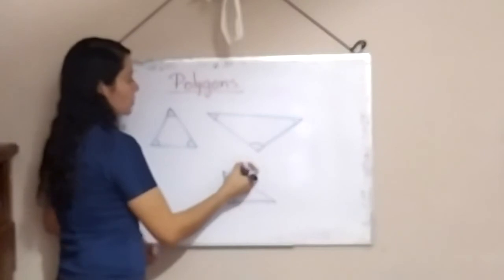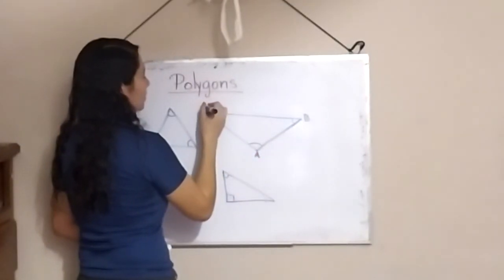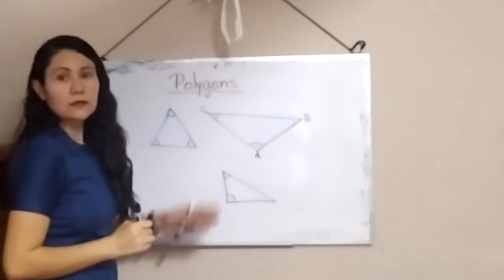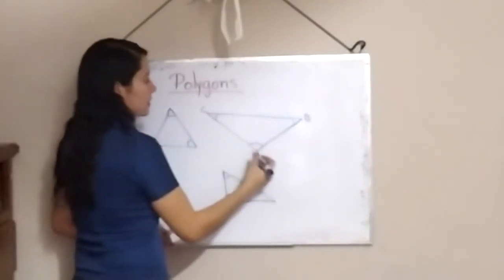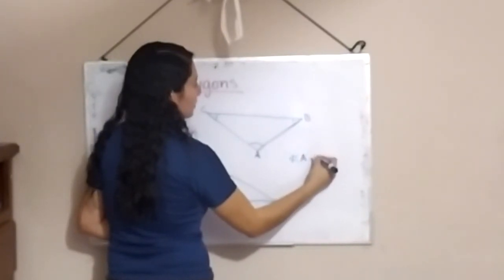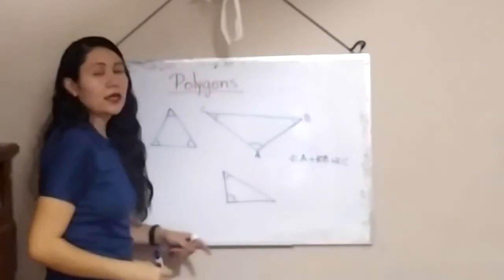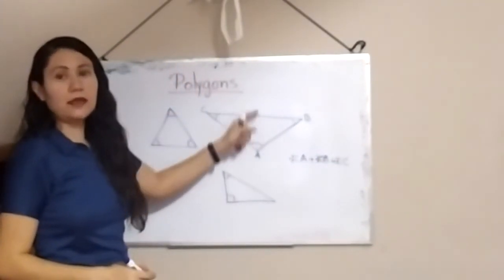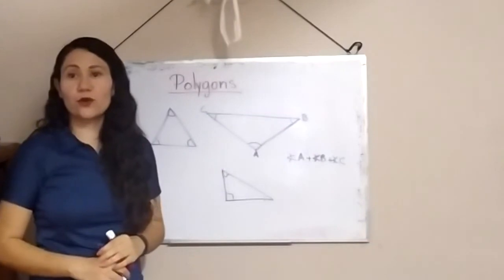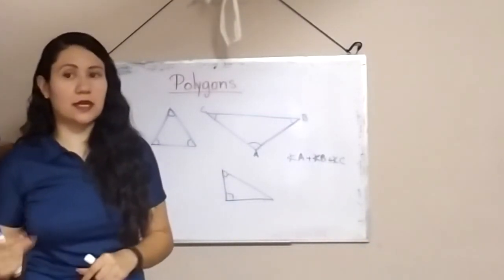Okay? So let's call this triangle ABC. Triangle ABC has angle A, angle B, and angle C. If we add angle A, B, and C, we are going to get a total of 180 every time.